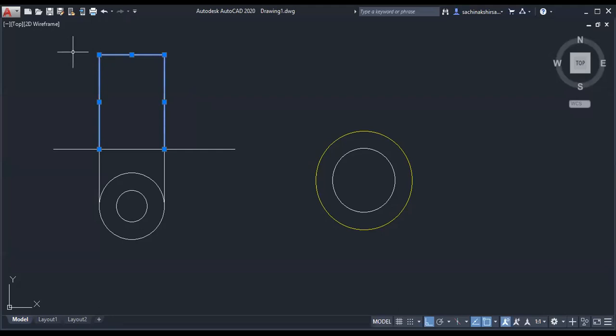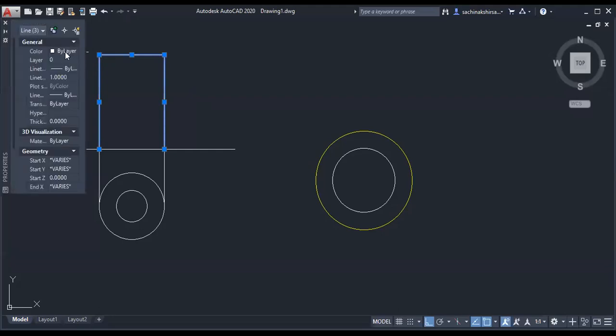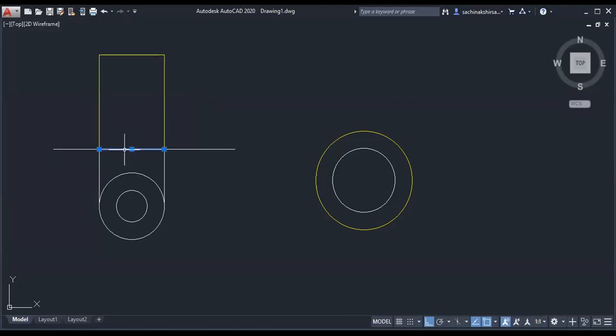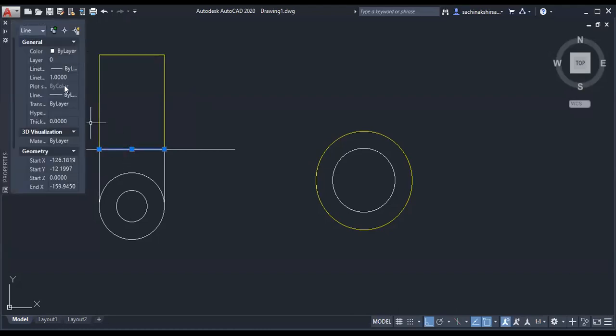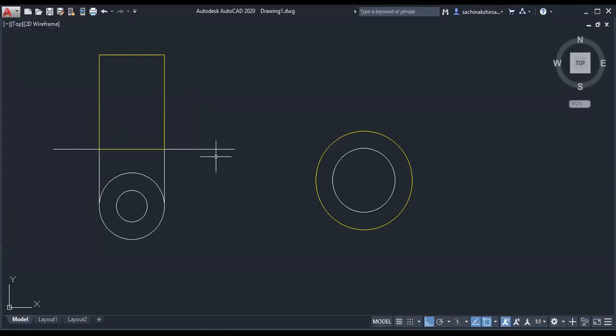But in the front view, that particular circular hole is not observed. It is there in the object, and it is a change of surface. So from here we have to draw a line, and from this hole again we have to draw a projection line up to here, then this line.